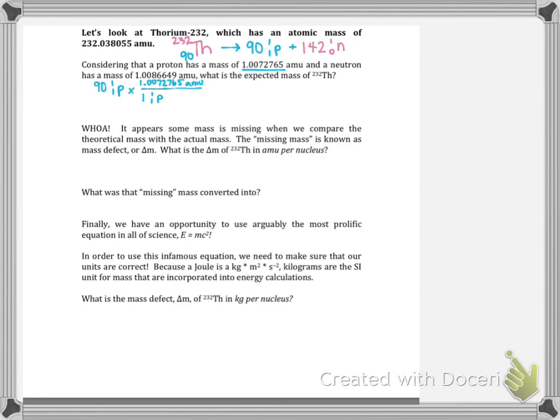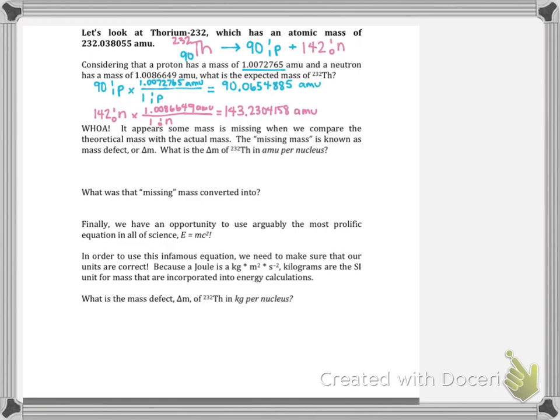And then I can figure out how much mass all of the protons should be contributing. And I know it's annoying, but you're going to want to keep all of those sig figs when you do your calculations. And so we get that the protons are contributing a little more than 90 AMU to the overall mass of this element. And we can do the same kind of thing for the number of neutrons that it has. And we find that the neutrons are contributing a little over 143 AMU.